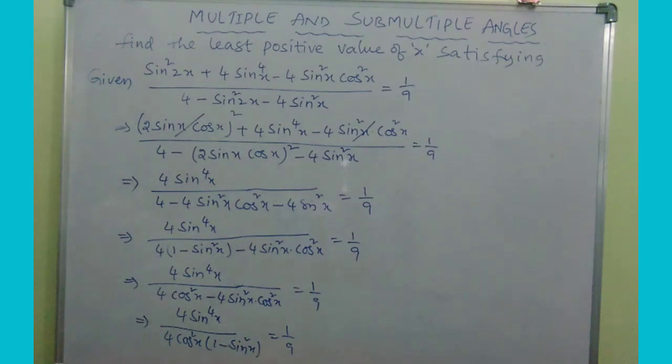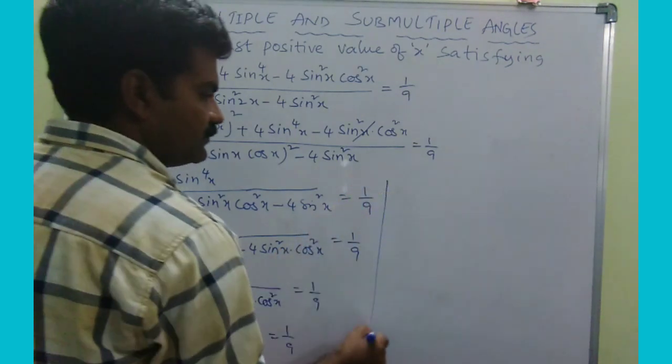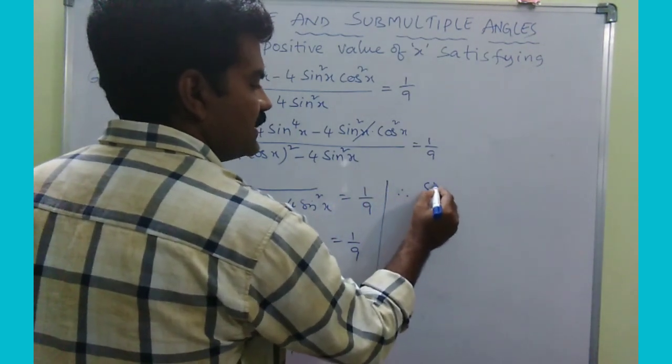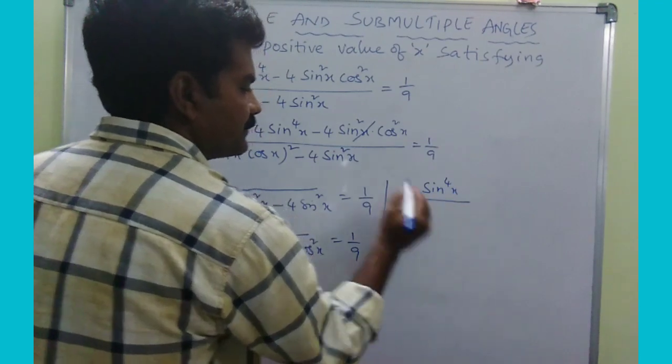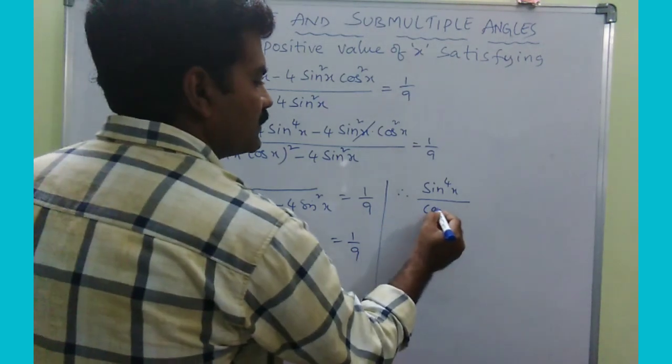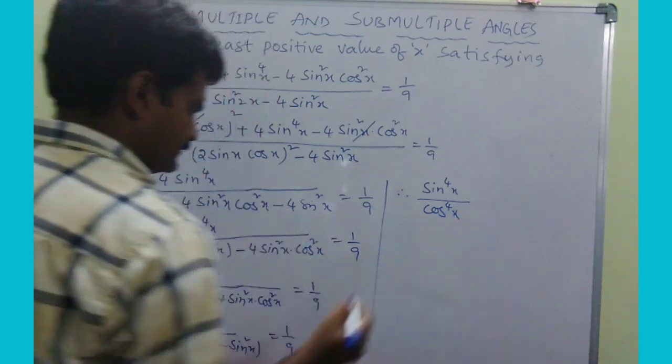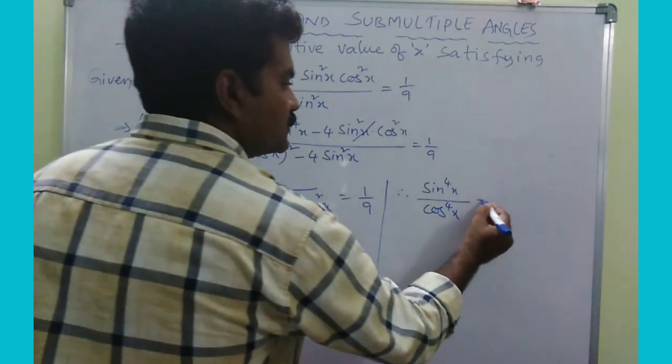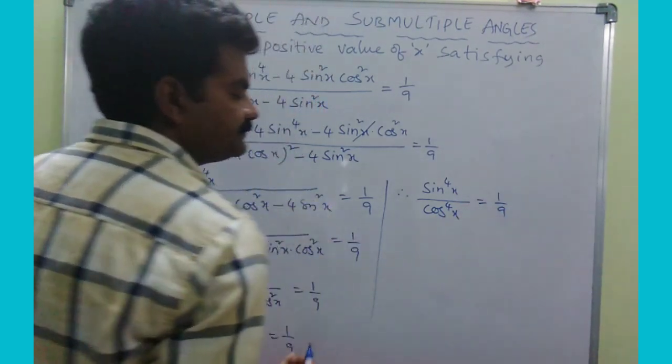Okay. So now let us see, 4 gets cancelled. Therefore this is sine power 4x by, you look at this bracket, 1 minus sine square x is nothing but cos square x, and cos square x is again multiplied by cos square x, then we get cos square into cos square, which is cos power 4x, which is equal to 1 by 9.